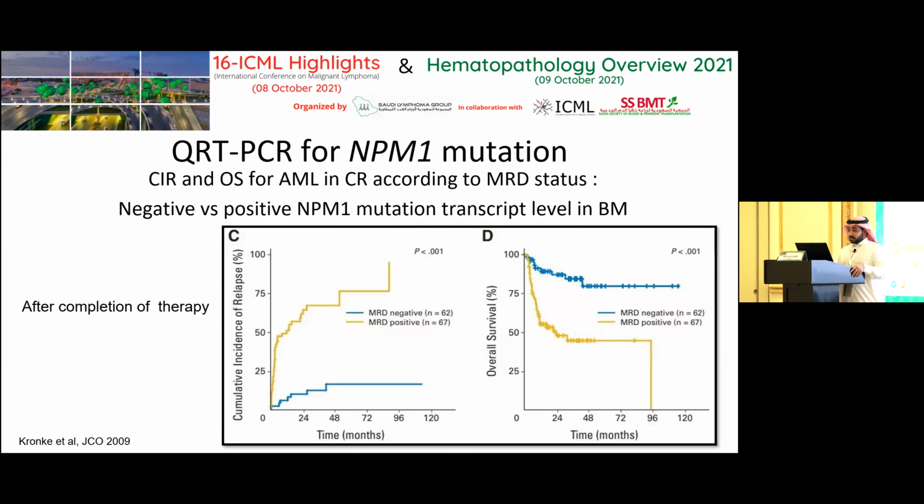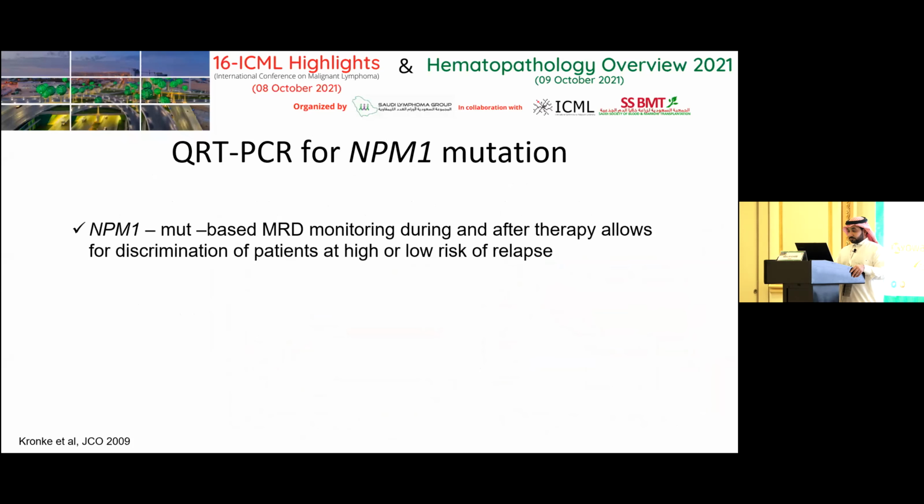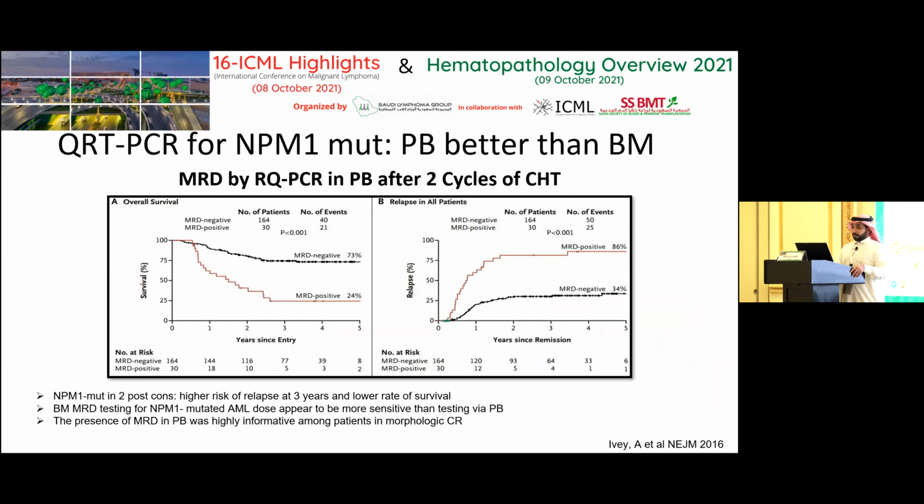You can see the difference between MRD negative and MRD positive. So monitoring of the NPM1 mutation during and after therapy allows discrimination of patients with high and low risk of relapse.